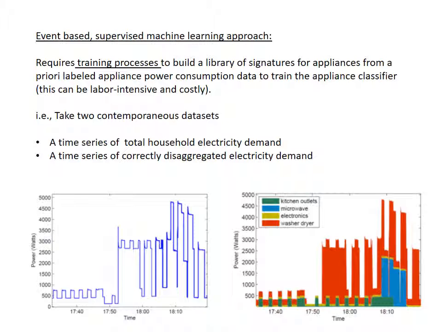We're talking about supervised machine learning, which requires us to have a database of devices already in place, and knowledge of what levels of power consumption are associated with all those different devices.